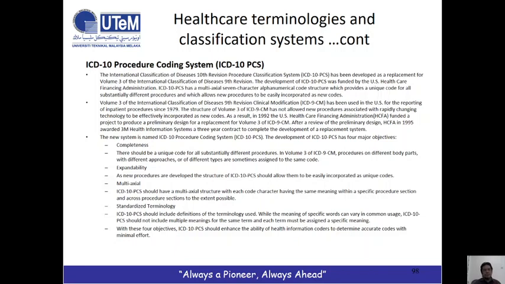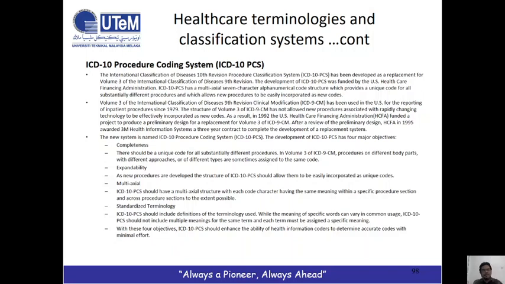For example, skull CT scan. The procedure is to scan your skull, X-ray, or for example, lipid test. This is a procedure. So this procedure is coded with ICD-10 PCS, the ICD-10 procedure coding system.